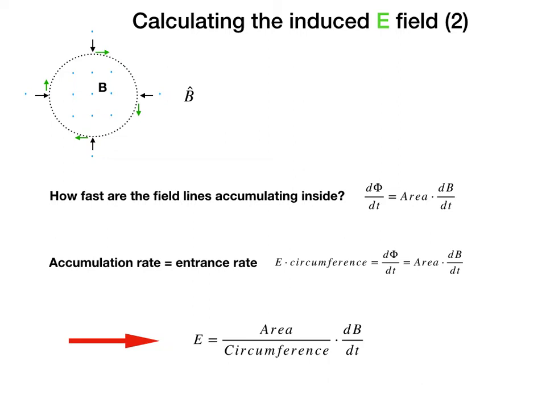This is of course equal to the change of flux inside, which is the area times the rate of change of the magnetic field inside. So we have the equation that the electrical field, the Lorentz field, times the circumference is given by the change of flux per unit time over the circumference of the solenoid.